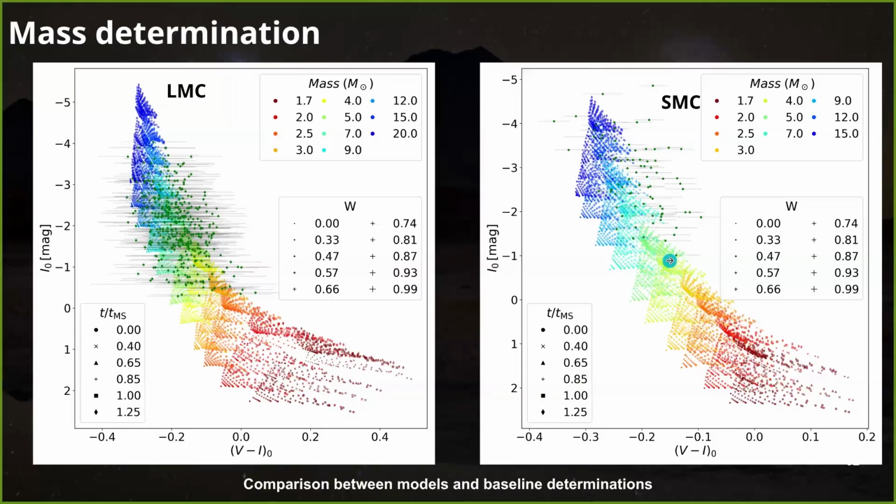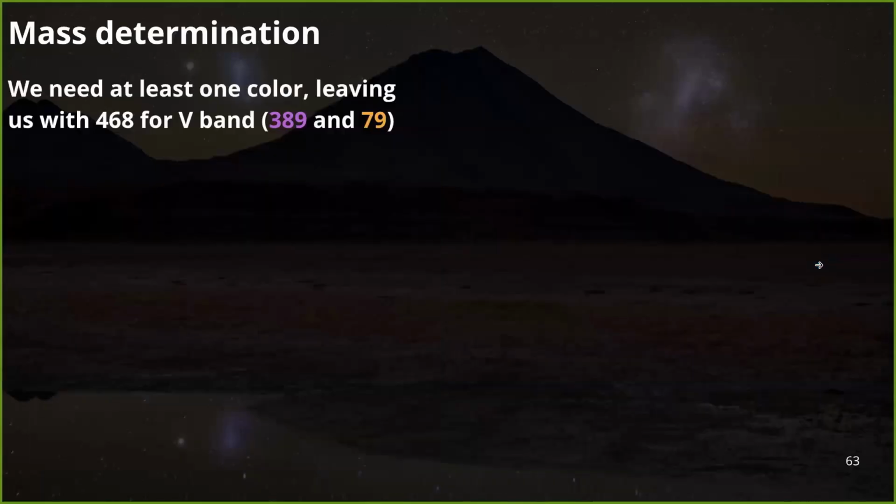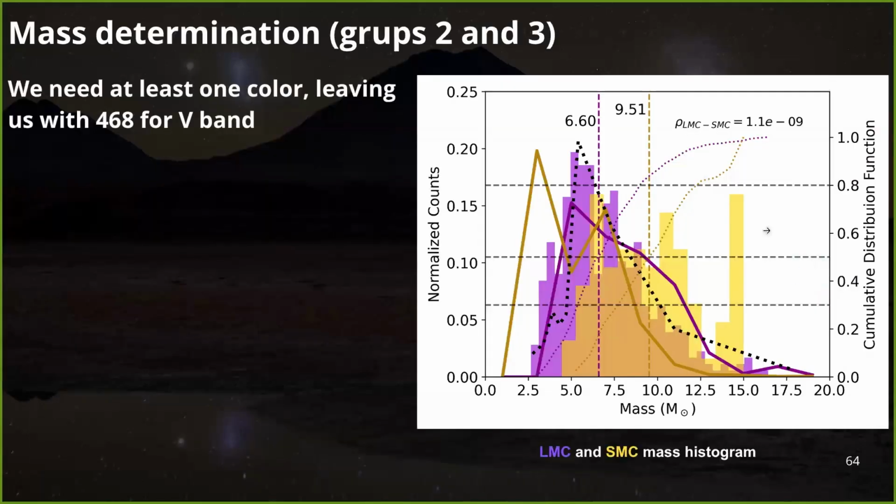So it's important to say that we have more confidence in the results for the LMC sample than the SMC, since there is a better agreement between the models and the data. Also, to evaluate it better, I show a histogram of the mass of each sample in different metallicities.